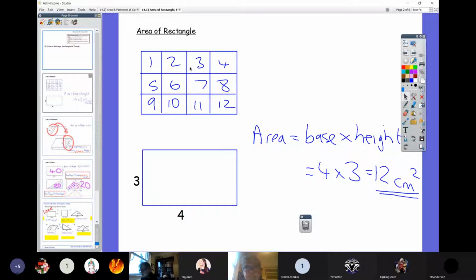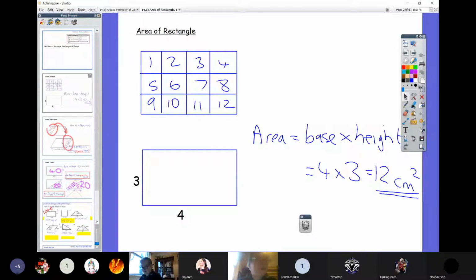Now, if we were working out the perimeter, remember what perimeter means. That means the length all the way around the outside of the shape. So imagine you were running around the shape. You'd run 4 miles, then 3 miles, then 4 miles, then 3 miles. I think there's a little bit of a lag, so I'll do this with a fluorescent pen just so we can see how big the lag is.